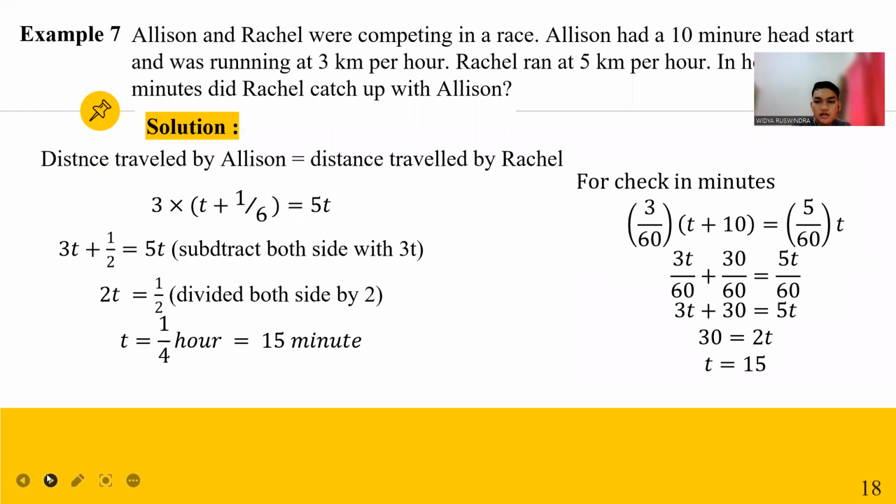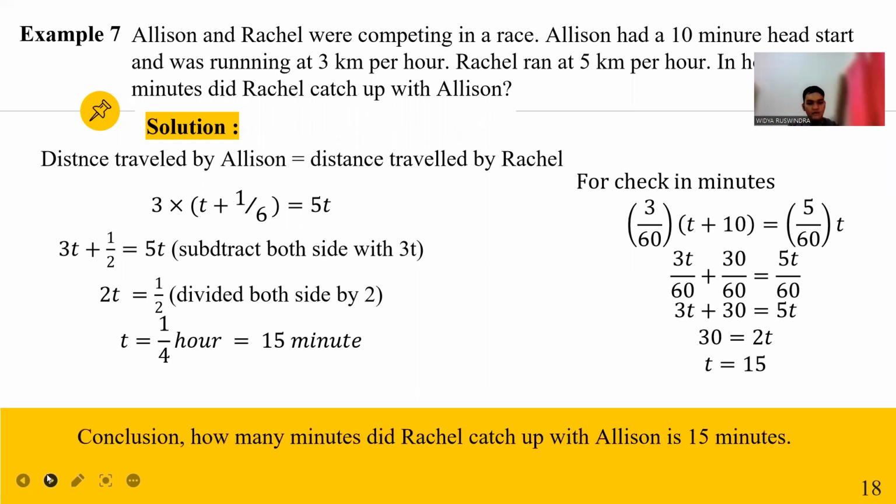To check in minutes: 3 times parenthesis t plus 10 equals 5 times t, and we get 3t plus 30 equals 5t, so 30 equals 2t, and t is 15.